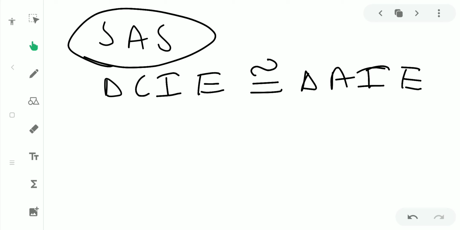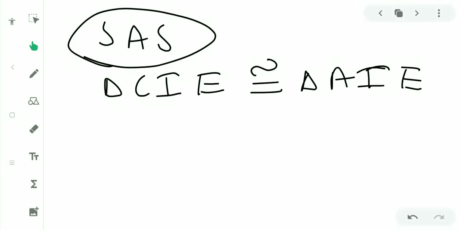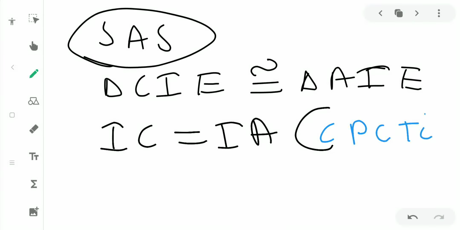Now what do we get by this? On carefully observing and placing this triangle here, you will get IC is equal to IA by CPCTC. Let us make it as second one.